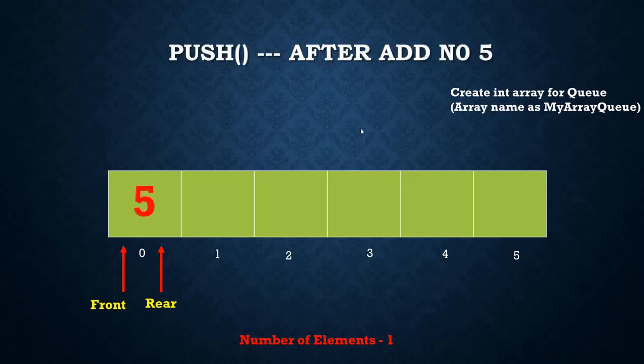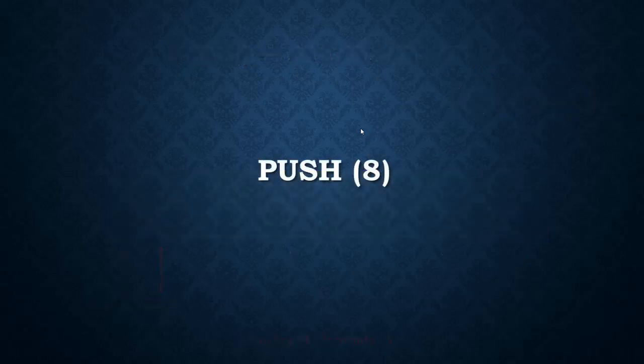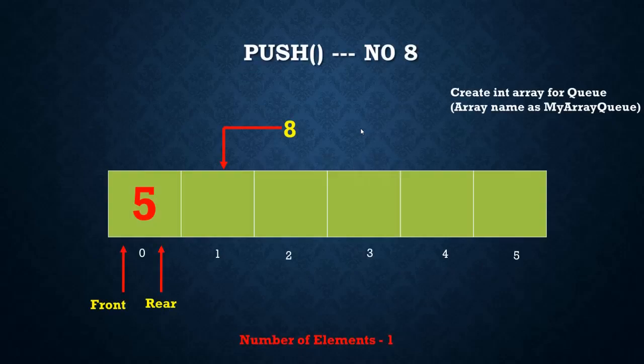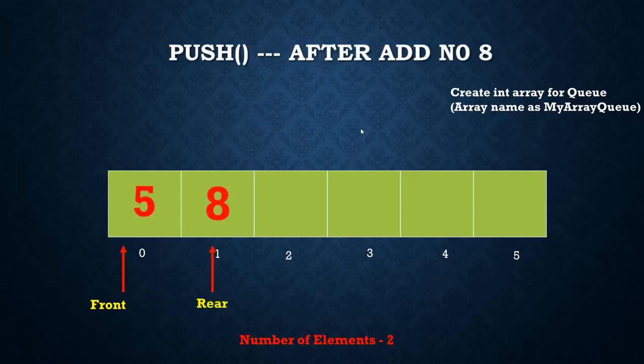See, this is 5, and that is front and rear as well. Now I want to push 8. That means add 8. Front and rear are the same, but I can't add there. So I want to add after the rear element, or after the last element. So once I add 8, 8 will be the rear element and the front element will be 5. And the number of elements will increase by 1, that is 2.